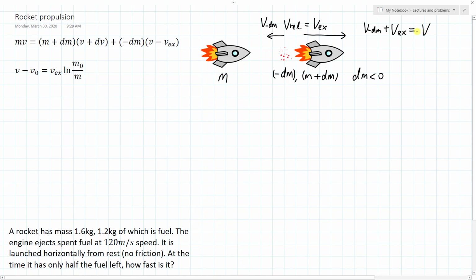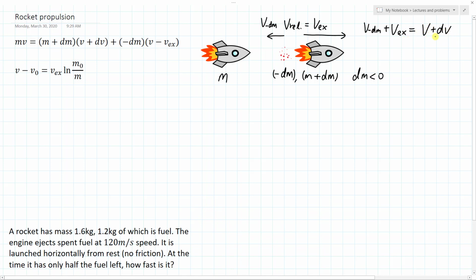You can also add dv, since that should be equal to the new velocity of the rocket. It doesn't really matter whether this quantity is added or not; I will later show it doesn't matter whether the new velocity is related to the old rocket velocity or the slightly new rocket velocity.